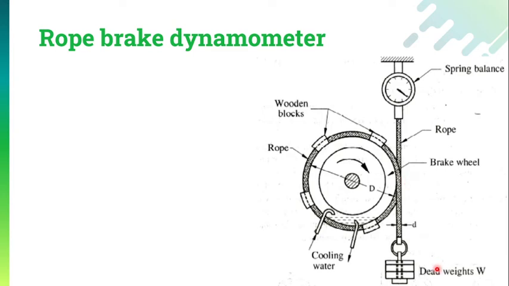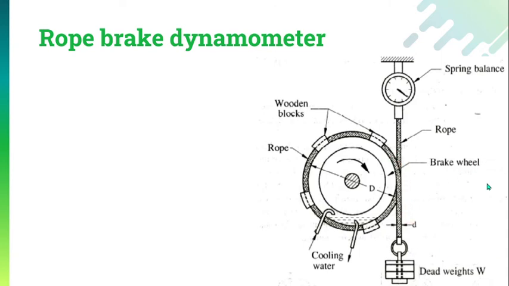But as we add some weight to this end of the rope, it will apply a frictional torque, and due to that frictional torque, the engine will try to transmit the power to the rope.